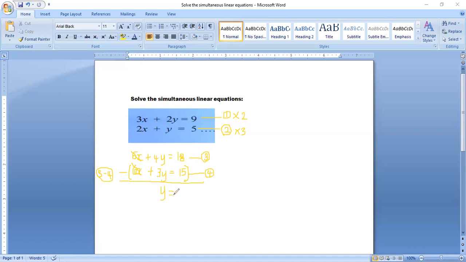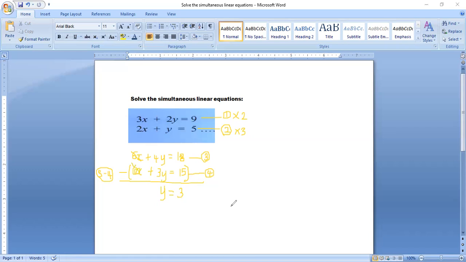Now that is equal to 18 minus 15, or 18 take away 15, which is 3. All right, so what we've done there just now is to eliminate x in order to find y. We're not done yet. We need to also find x.